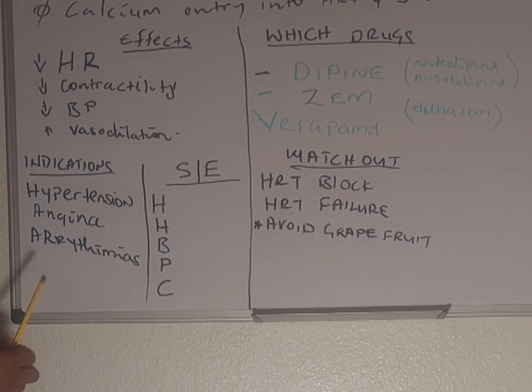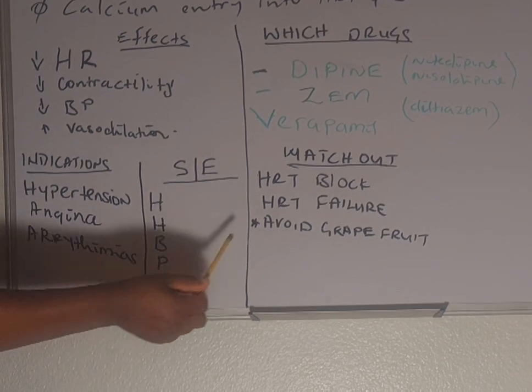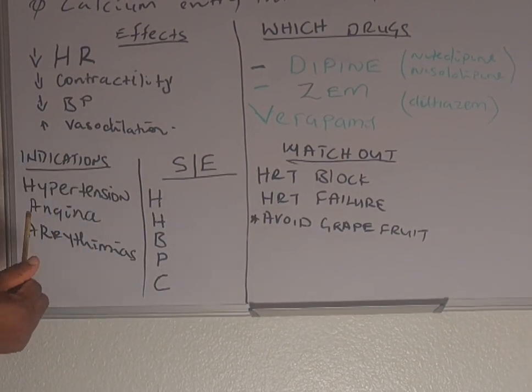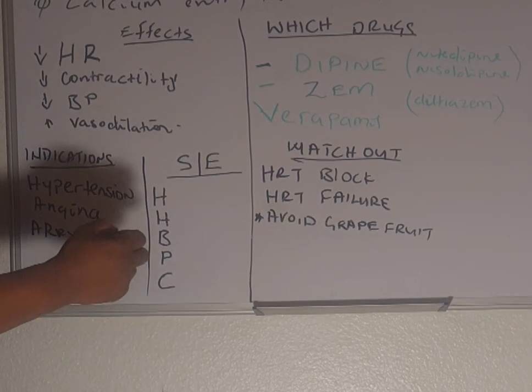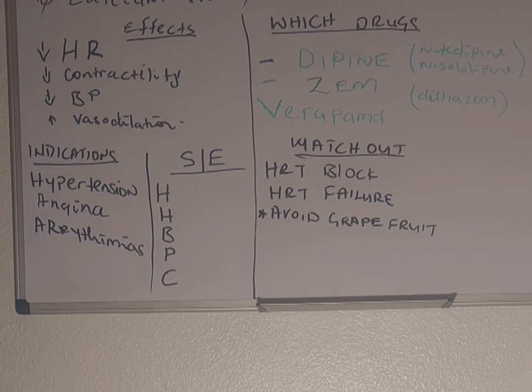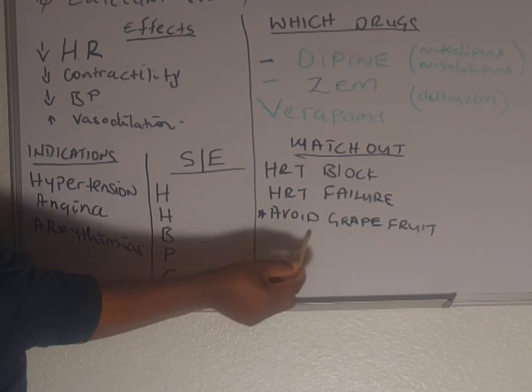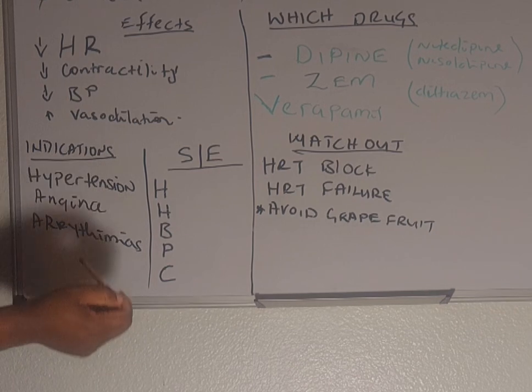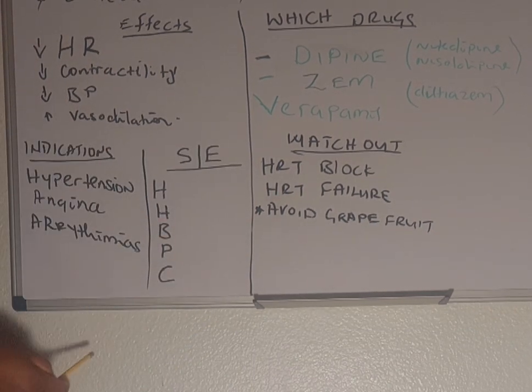Why are we not giving them grapefruit? Because this grapefruit inhibits the enzyme CYP3A4. This enzyme CYP3A4 is the enzyme that causes the metabolism of most of the calcium channel blockers.